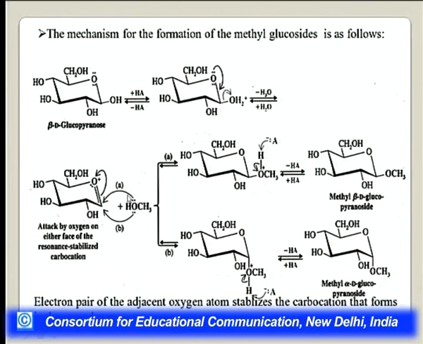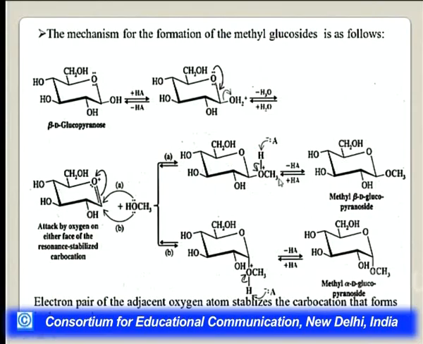This kind of moiety is here, oxygen with a positive charge, because it has donated its lone pair of electrons to this bond. So here is now a double bond, and this oxygen acquires a positive charge. As it acquires a positive charge, CH3OH, methyl alcohol, will attack this. How does it attack? This is the anomeric carbon.